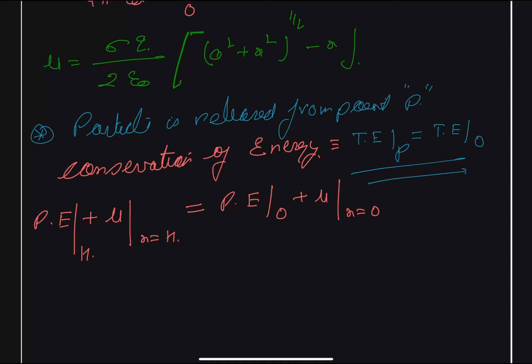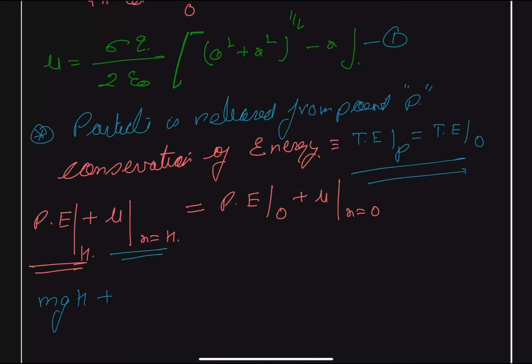So potential energy at height h, we can write this as mgh plus the electrostatic potential energy at x is equal to h. So in this equation number 1, we simply substitute x is equal to h.